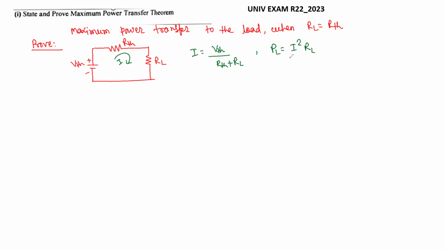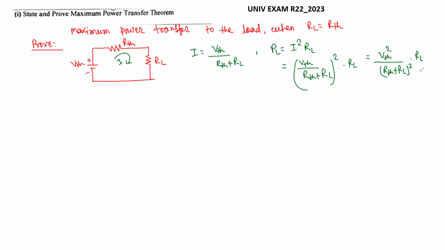The same current is going to flow through the load resistance also. So finally, from here we'll get PL. We substitute that value of I: VTH by RTH plus RL, the entire thing squared, into RL. If we simplify, we'll have VTH whole square divided by RTH plus RL whole square, multiplied by RL.